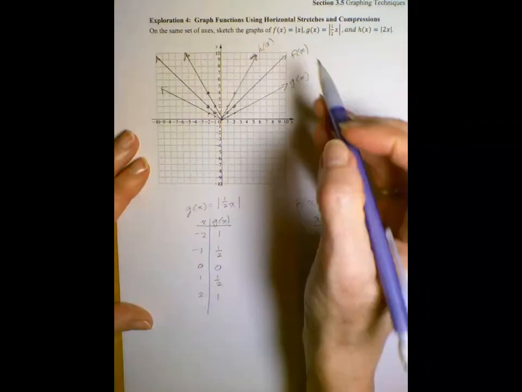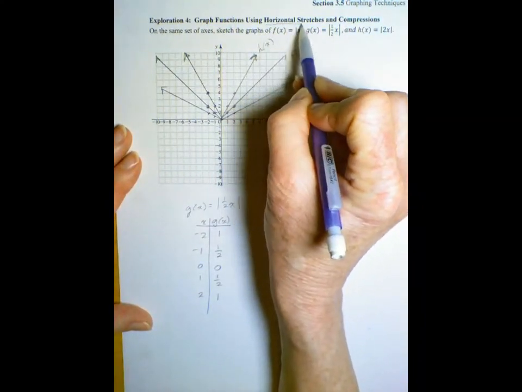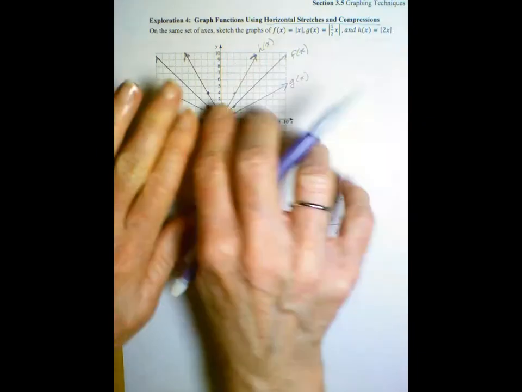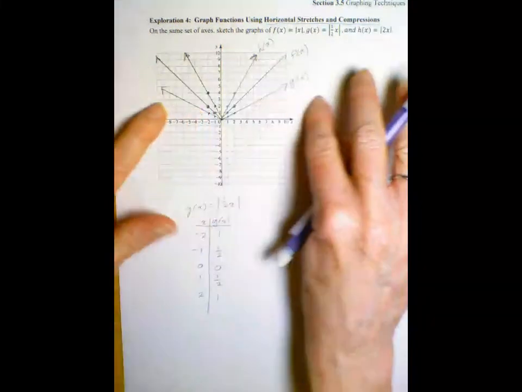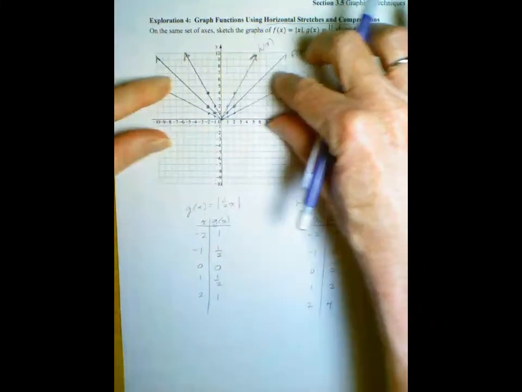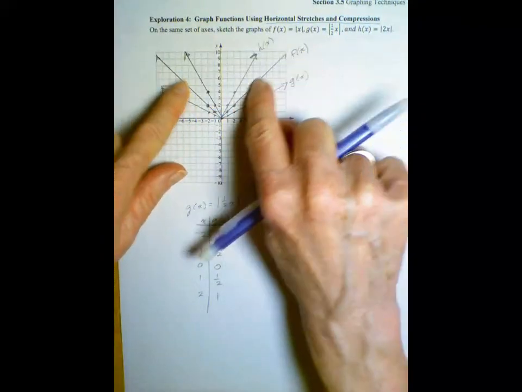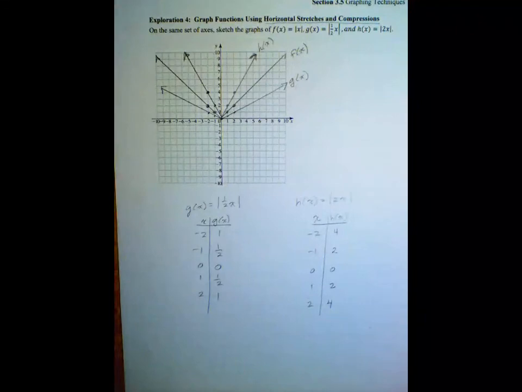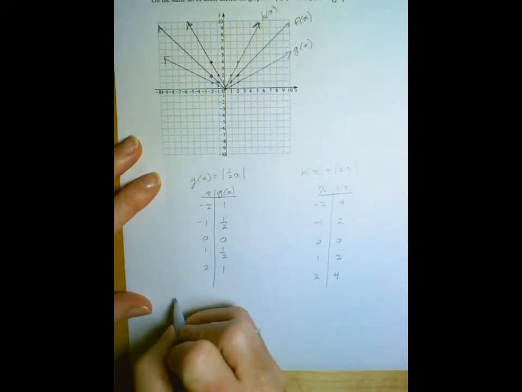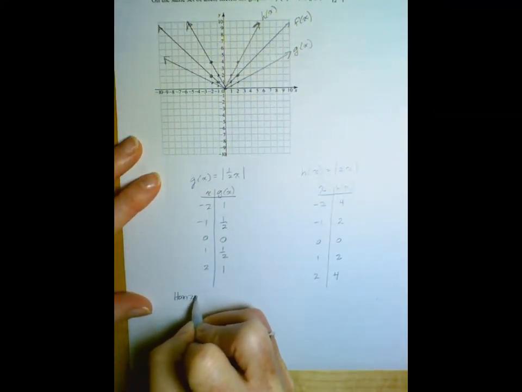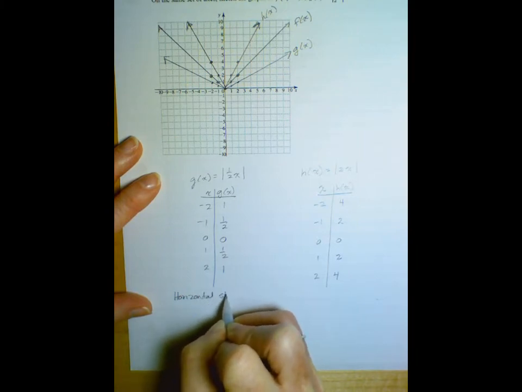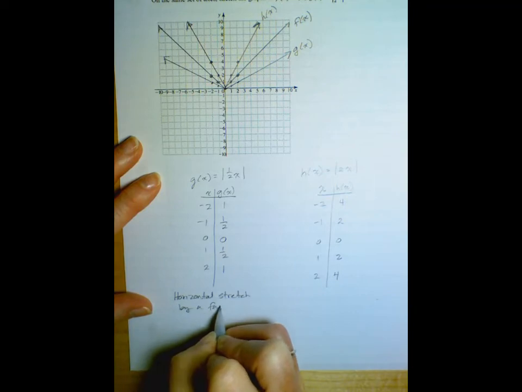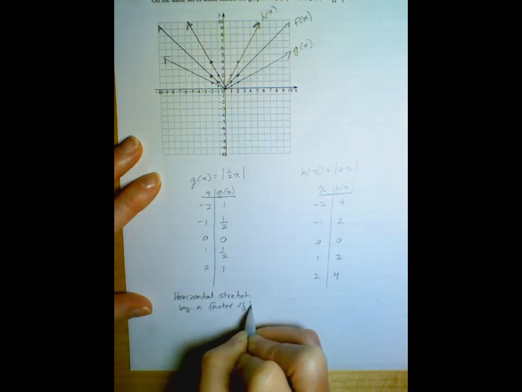Okay, this is horizontal stretches and compressions. So what has happened for g of x? Horizontally, it has stretched. Notice if you're thinking horizontally, to go from the original f of x to g of x, you have to stretch horizontally, right? So this is a horizontal stretch by a factor of 1/2.